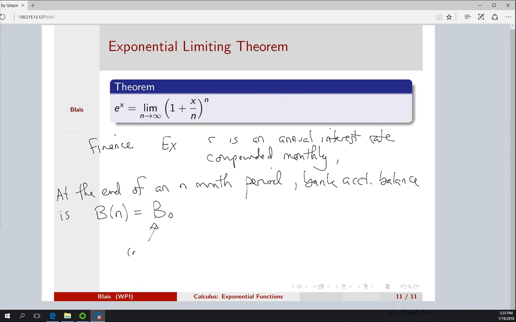That's your initial deposit. So think of this as a bank account that you put money in and then you just left it.